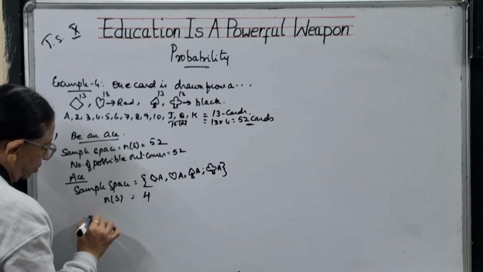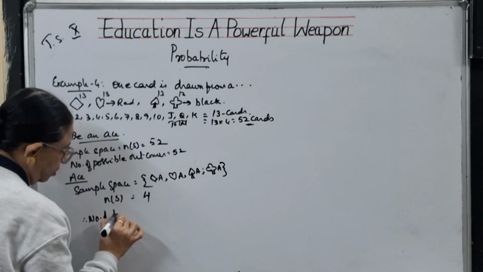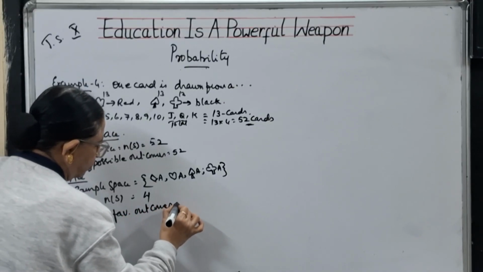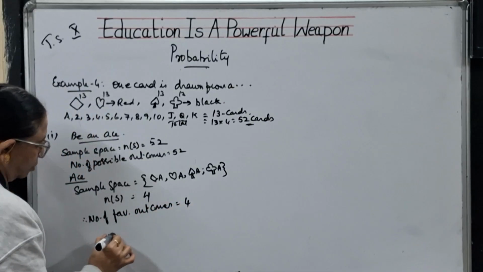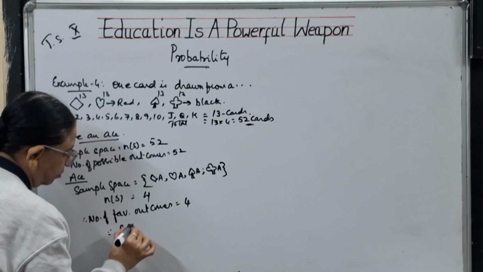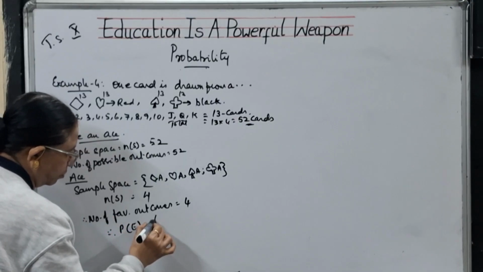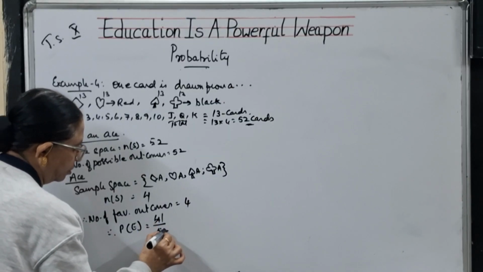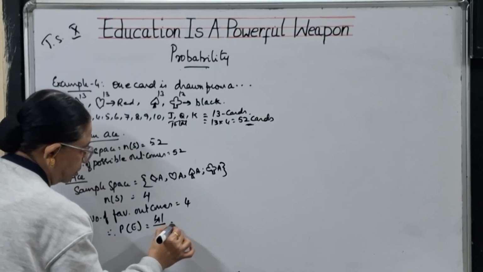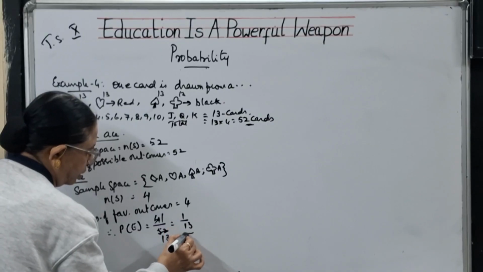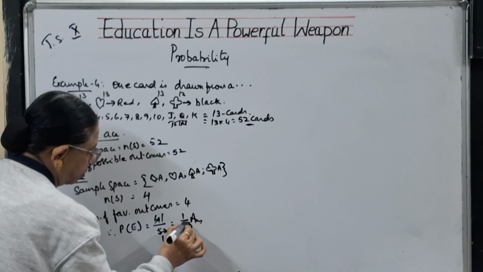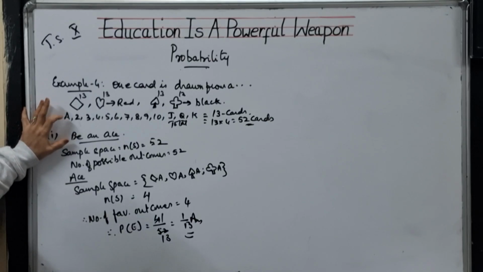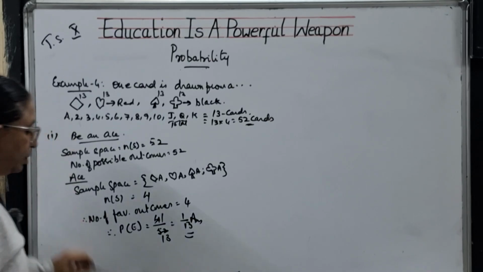So the number of favorable outcomes is 4. So what is the probability of the event? That is the number of favorable outcomes by the number of possible outcomes. 4 ones are 4, 4 threes are 12, so 1 by 13 is the answer for this problem, children. The probability of the card being an ace is 1 by 13.